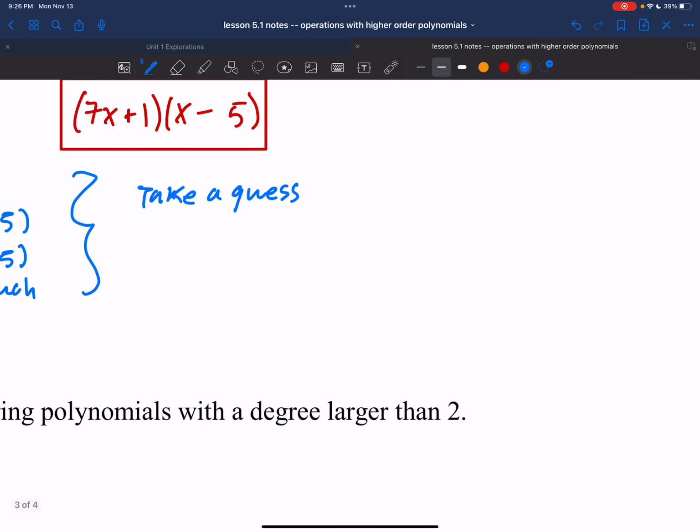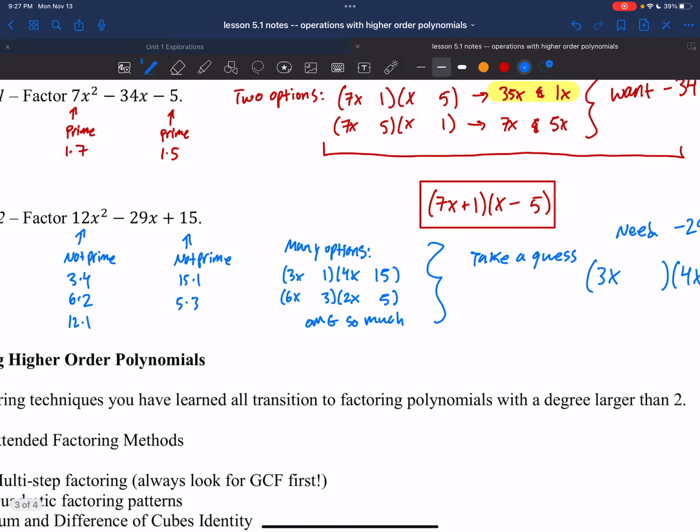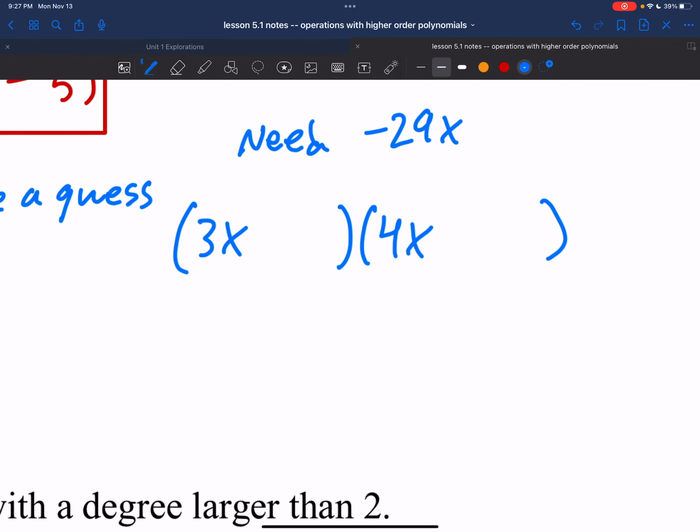Let's try 3x and 4x. The question is, you need negative 29x. So think about, okay, well, I could do 5 and 3, or I can do 1 and 15. Well, let's think about that.